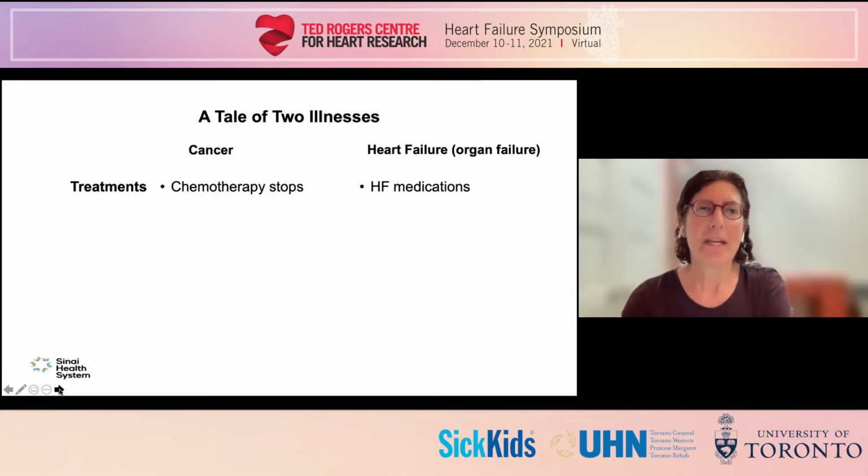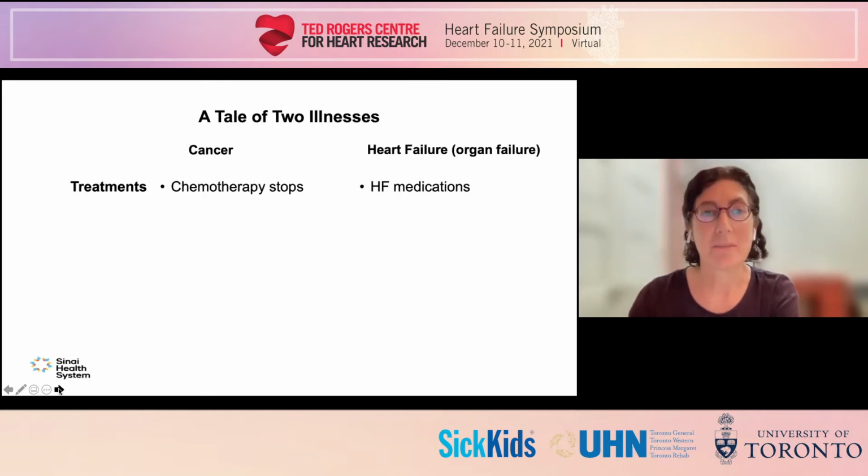The first is when somebody has cancer, generally there's a point at which in their illness the treatment stops. That is the chemotherapy, which is really aimed at as an anti-cancer treatment. And so there's this kind of natural place where there's some opportunity for conversations about why the chemotherapy is stopping.